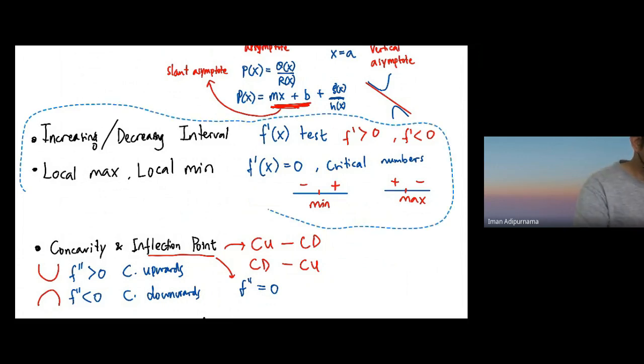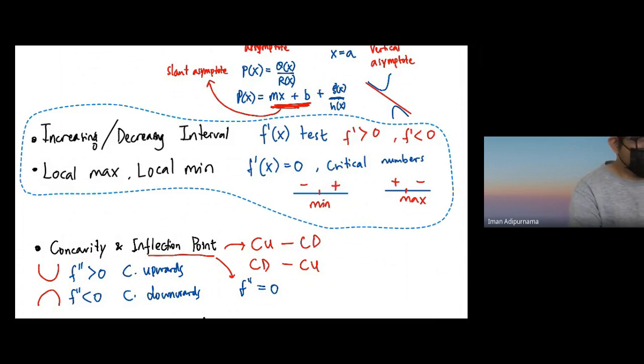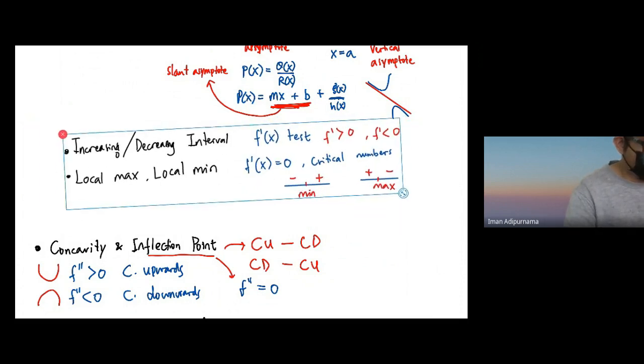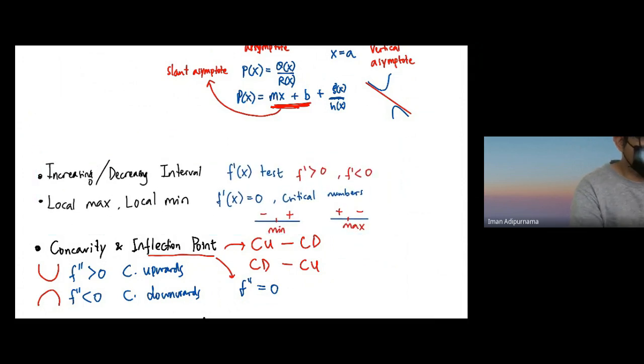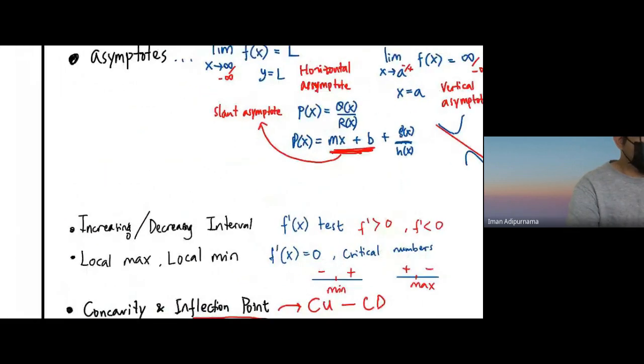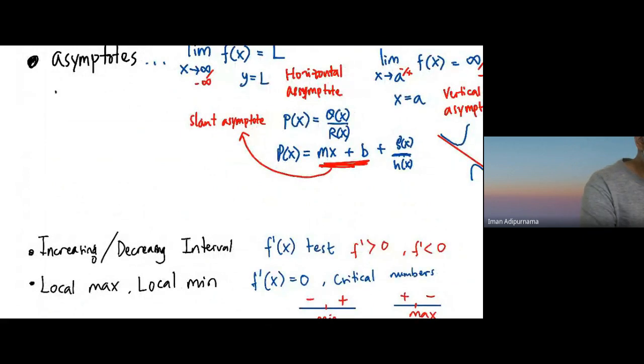If you don't mind, let me write something regarding the slant asymptote, because I think it's better to write here before I forget the information. Okay. So regarding the slant asymptote, let me draw maybe something like that.